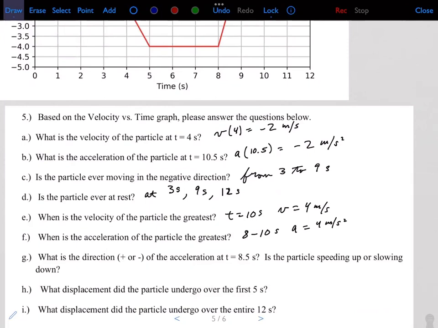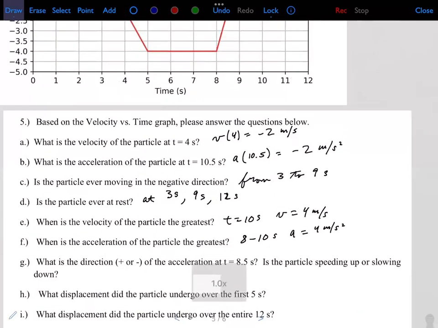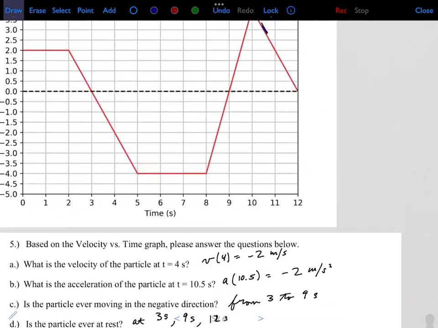Okay, what is the direction, positive or negative, of the acceleration at 8.5 seconds? Is the particle speeding up or slowing down? So at 8.5 seconds, that's that point right there. If I want to know the acceleration, I want the slope there.